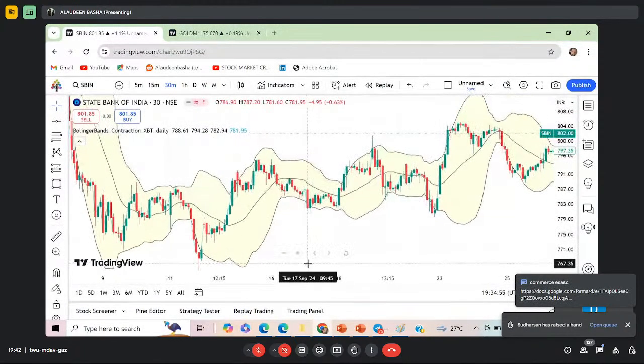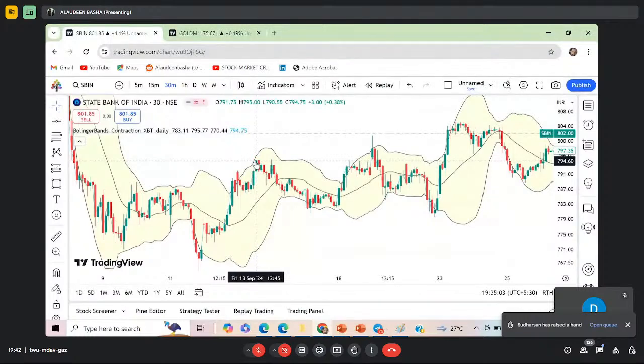Okay. So there are three lines. Within these three lines, the market will travel. If you reach the upper one, we go for sell. If you reach the bottom one, go for buy. The stop loss is between the lines, and it is the stop loss for both buy and sell. Once I am buying here, the stop loss is this one, and once I'm selling here, the stop loss is here.